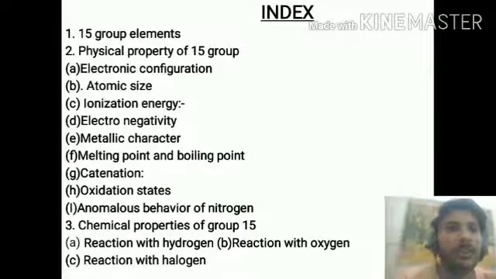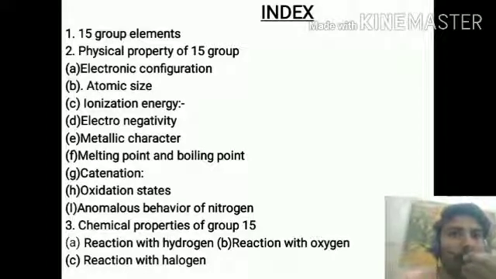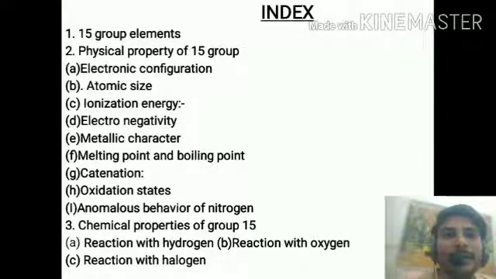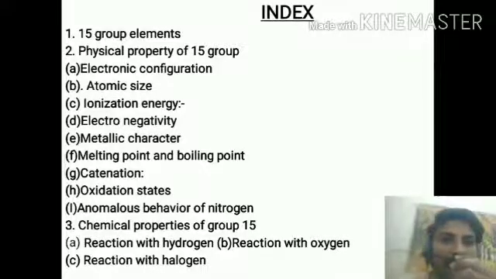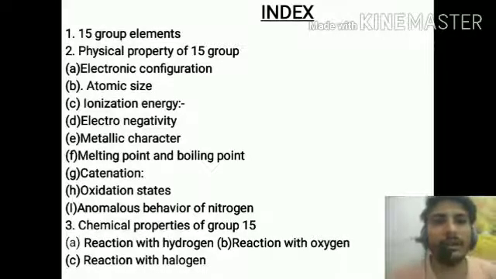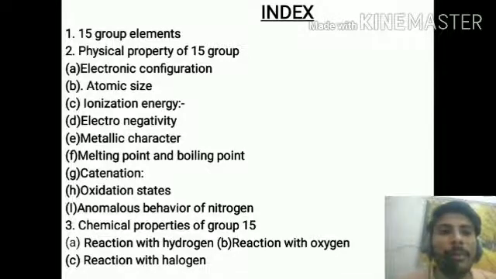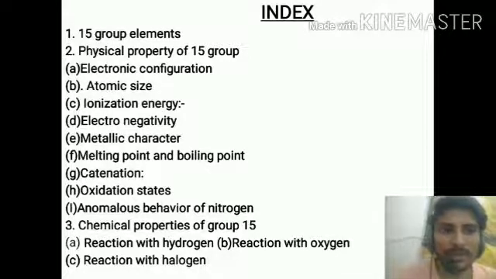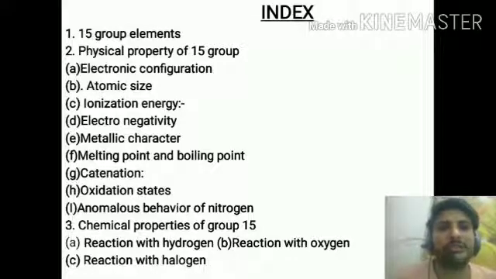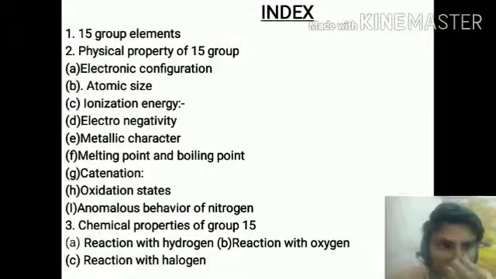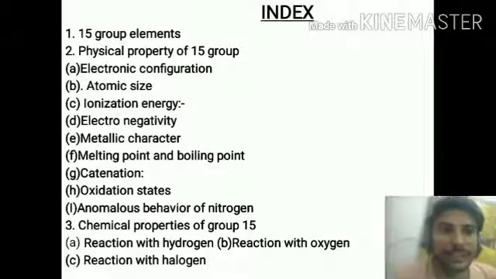In the physical properties, we will study the electronic configuration, atomic size, ionization energy, electronegativity, metallic character, melting and boiling points, catenation, oxidation state, and anomalous behavior of nitrogen. Then we will study the chemical properties: reaction with hydrogen, reaction with oxygen and reaction with halogen. Okay, these properties you will study in this video.